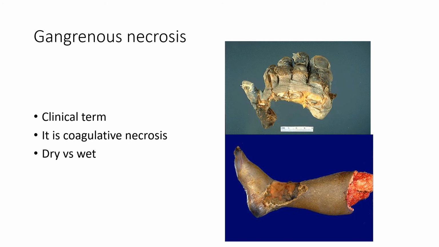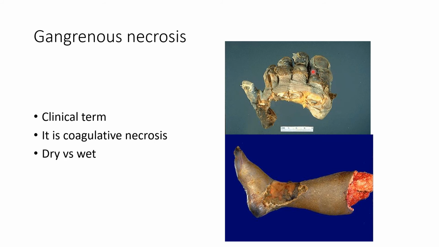The third pattern is called gangrenous necrosis, or what we call gangrene. Now it is a clinical term, and it is a type of coagulative necrosis but affecting more than one tissue type at the same time. So here we have the distal part of the foot. The gangrenous tissue is blackish in color because it's dead.